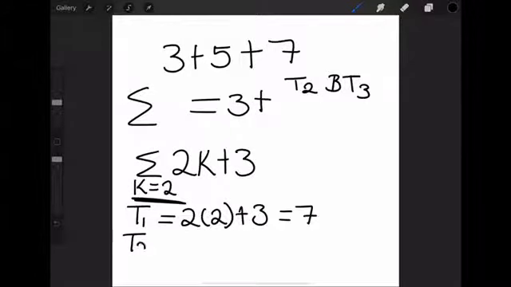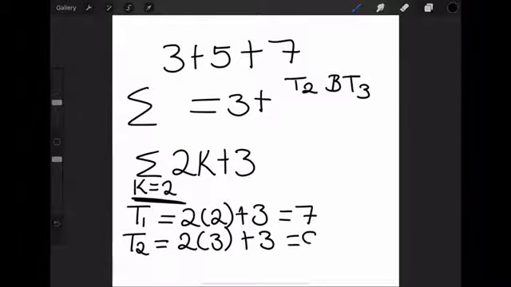Now when I do term 2, once again, I just move that k value up 1, and I would do 2 times 3 plus 3 is equal to 9. So an important thing to remember is that this k doesn't necessarily represent the term number, but it starts from that k value and moves up 1 from that first k value.